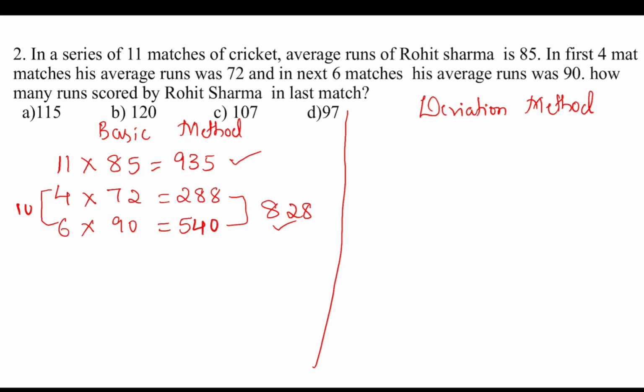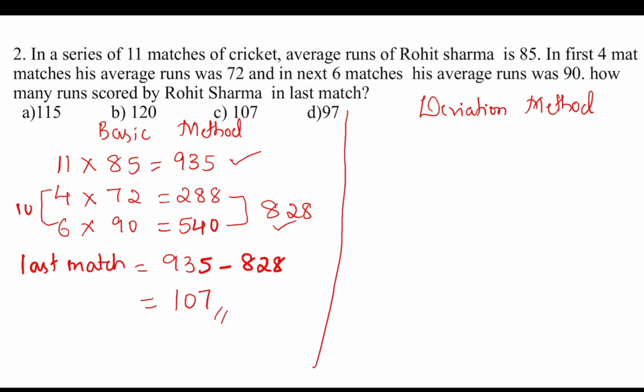So when I deduct, I get the score of last match, isn't it? Last match is equal to 935 minus 828. So how much will it be? 107. So he scored 107 runs in the last match.